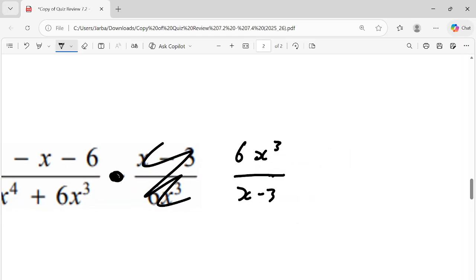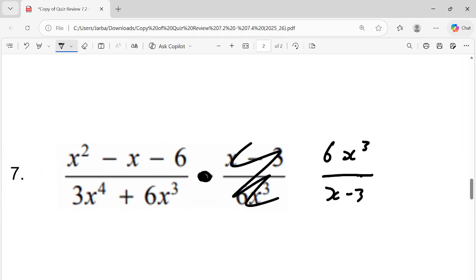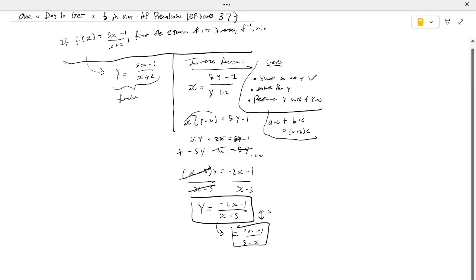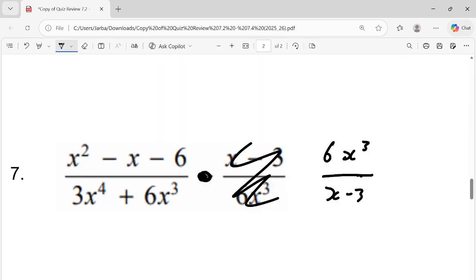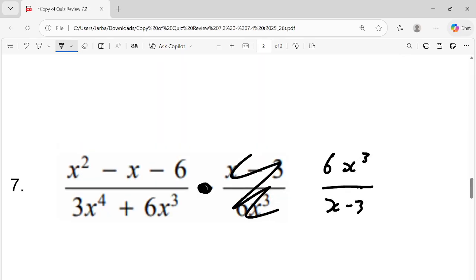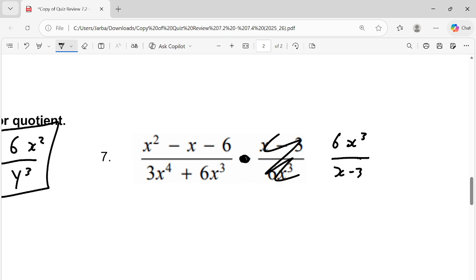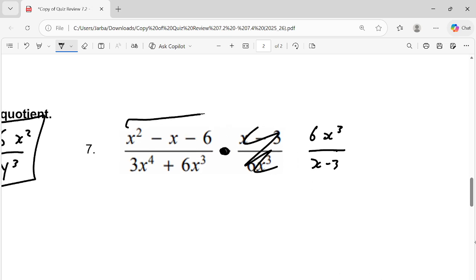So now what I'm thinking is we gotta do some factoring. I'm thinking there's going to be some cancellations, but we just can't see them yet. So on the top, we want to think what multiplies to negative 6 and adds up to negative 1.